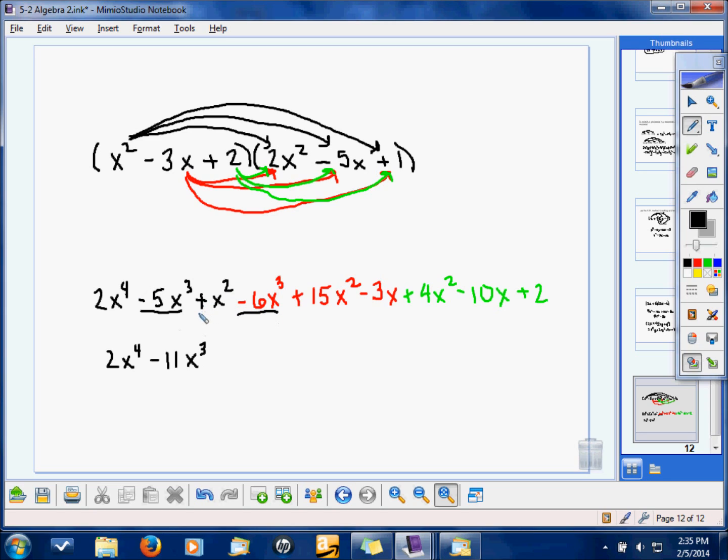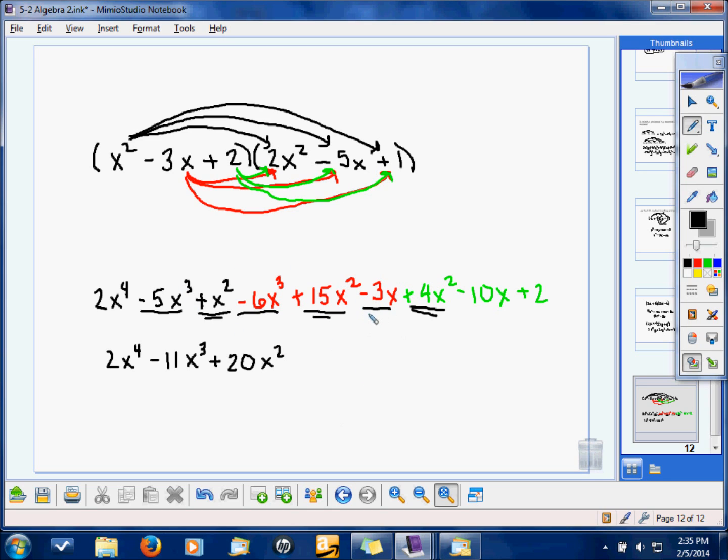Then we look for the x squareds. Here's one, but there's also one here. There's also one here. There's 3 of those. So you have 1 and another 15, that makes 16. And then another 4, that makes 20. Plus 20x squared. Okay, so we've used up those.